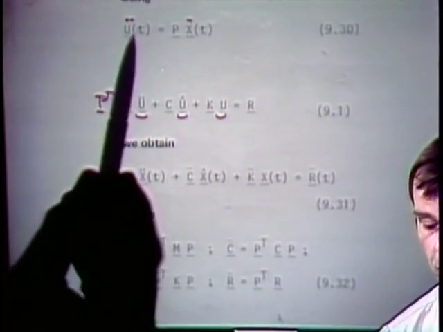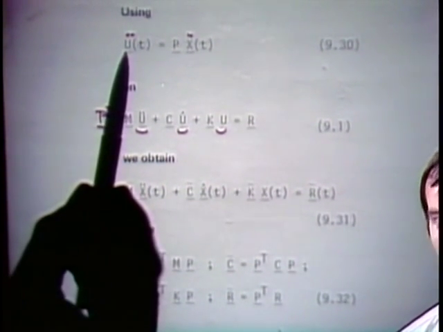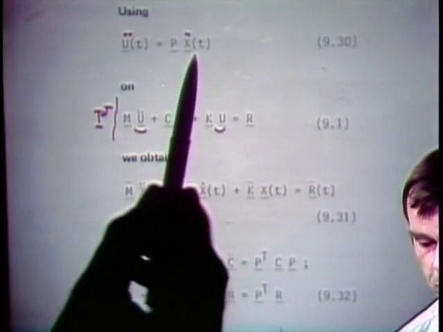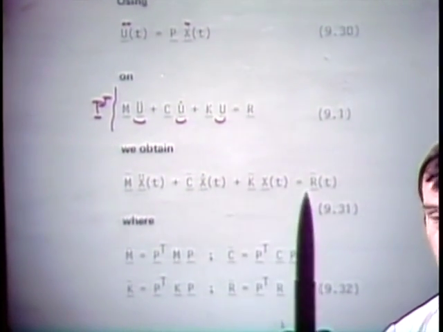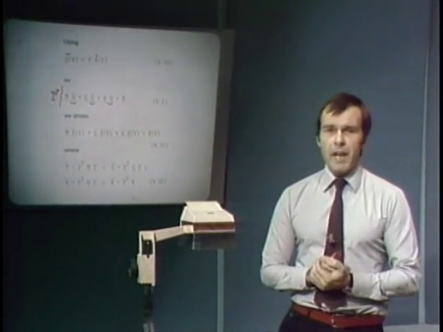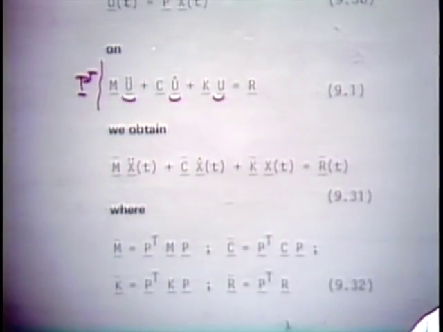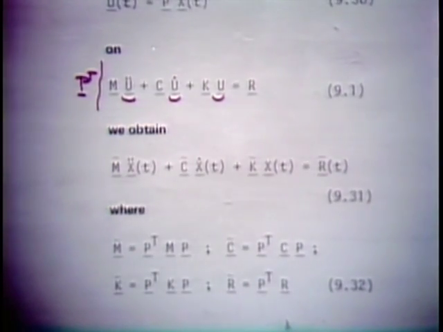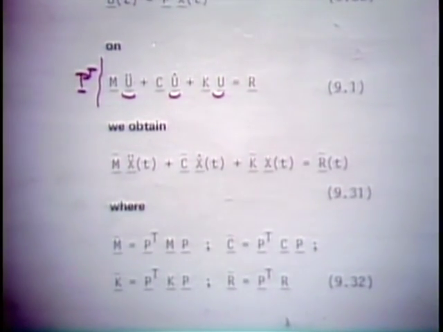We have gone from the displacement defined by the finite elements, by the finite element nodal points, to generalized displacements. The generalized displacements now govern the equilibrium of the system. Now, this transformation is effective if we find that our M curl, C curl, and K curl have a better structure than the matrices M, C, and K. And of course, if it is simple to find the P matrix, or a P matrix.